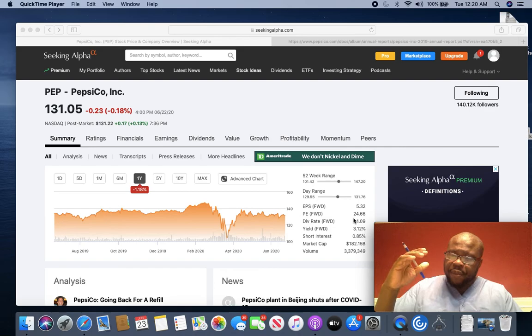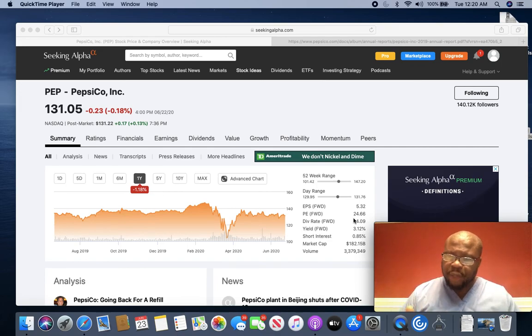So if the denominator, which is the earnings, drops, the ratio goes up. The ratio can also go up if the price goes up and the earnings stay the same.